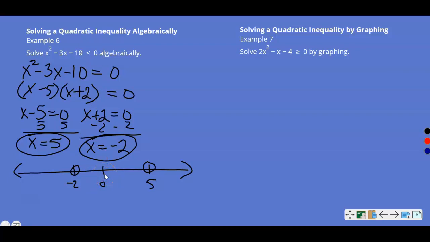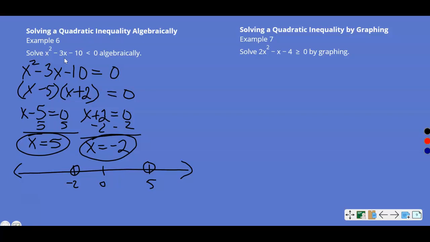All right, so let's start with a number less than -2. So let's plug in -3. All right, if we plug in -3, -3 squared is +9, -3 times -3 is +9, and then -10.